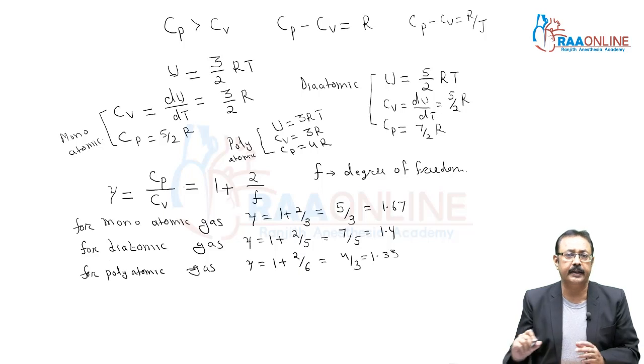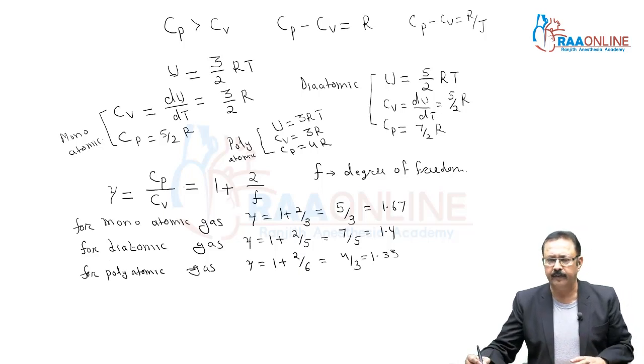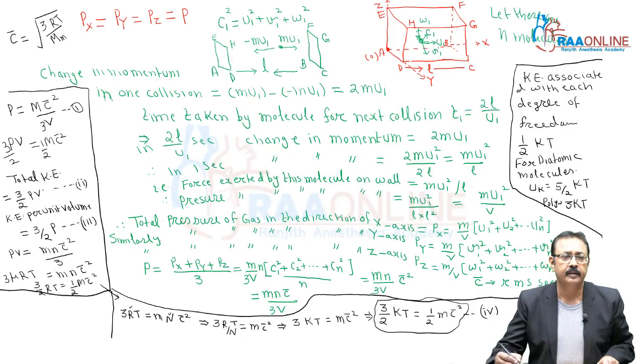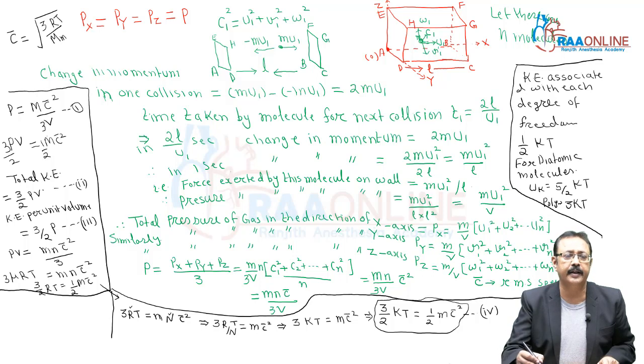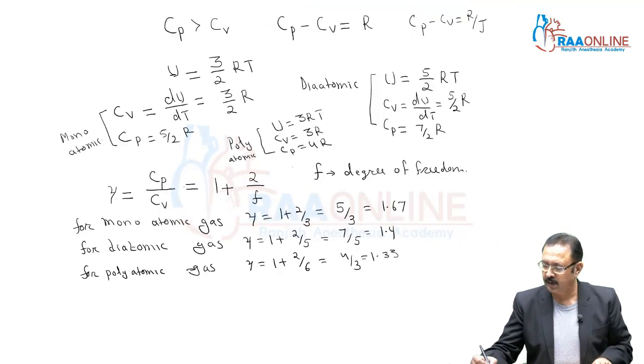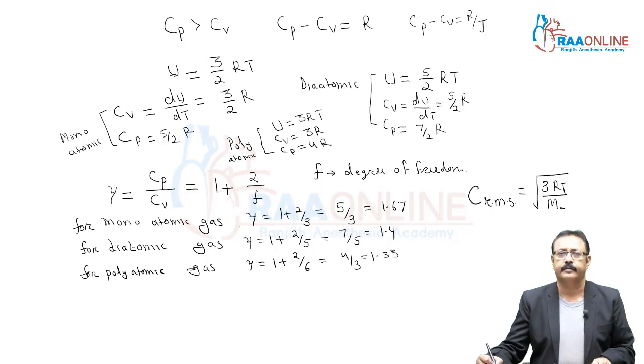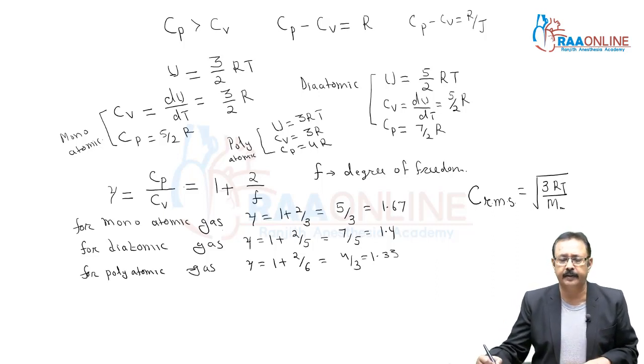And one more thing they can ask, generally they are asking, what we calculated: root mean square speed. What was it? Root 3 RT upon M. So C RMS, root mean square speed, is root of 3 RT by molecular mass. Two more speeds are there.